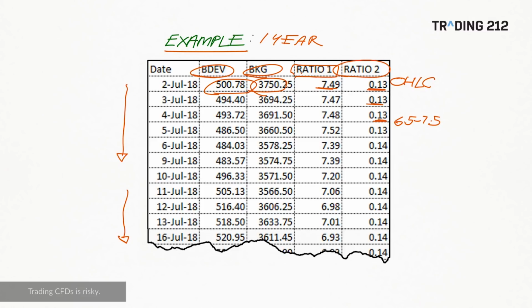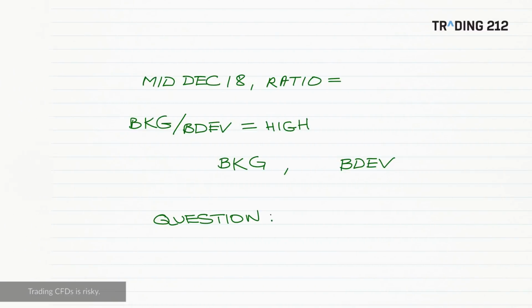And once it started getting outside that range, that's when I thought it might be of interest in terms of trying to trade this equity pair. Certainly once we got up into the high 7s, it was of particular interest, and that is what I'm going to continue with in my example. Now, I found in the middle of December 2018, around about the 12th, 13th of December, that the ratio got all the way up to about 7.90, so higher than we would expect.